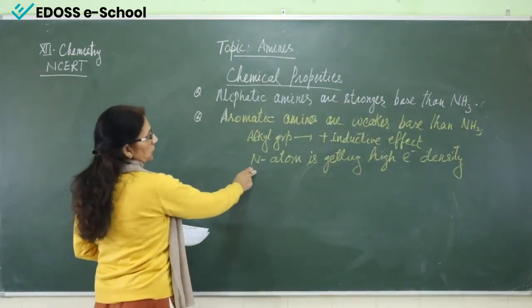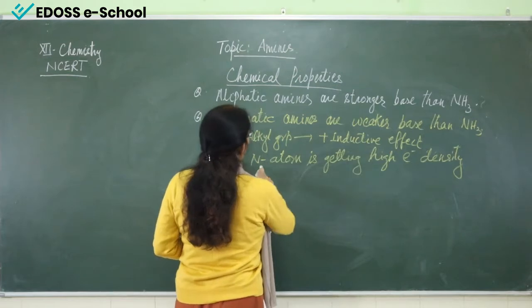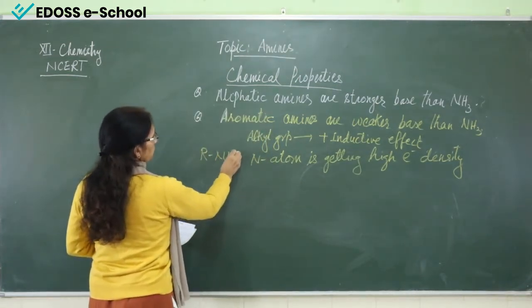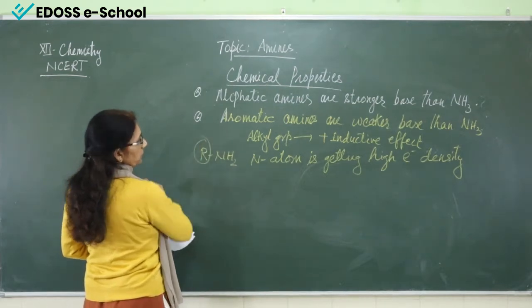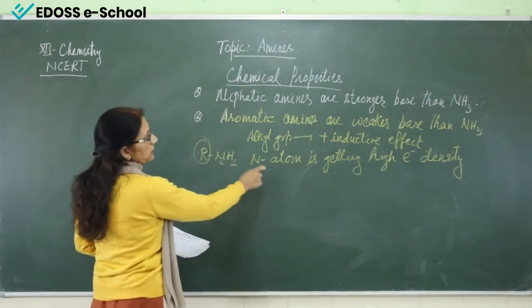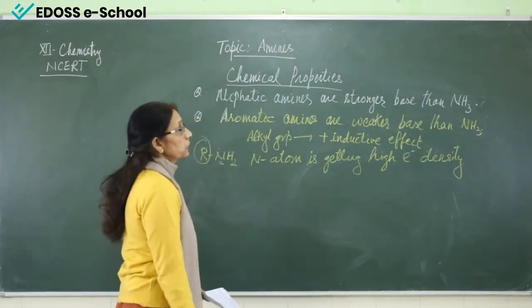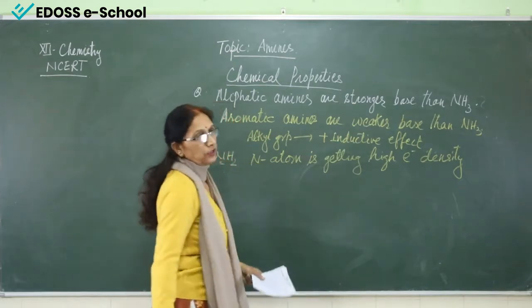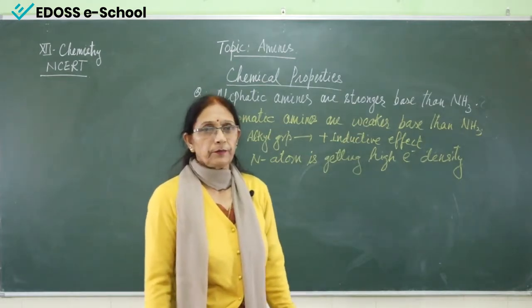Because of inductive effect, nitrogen atom, this is RNH2, this is alkyl group showing inductive effect, and this nitrogen is getting high electron density, so it is behaving as stronger base in comparison to ammonia.